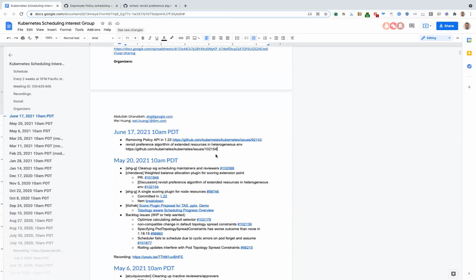And then we get to an understanding, well, this is a missing feature, let's move to a proposal phase. Maybe we brainstorm some ideas initially on the issue, but the next step is writing up a KEP once we agree that this is a missing feature and it needs to be in core Kubernetes.